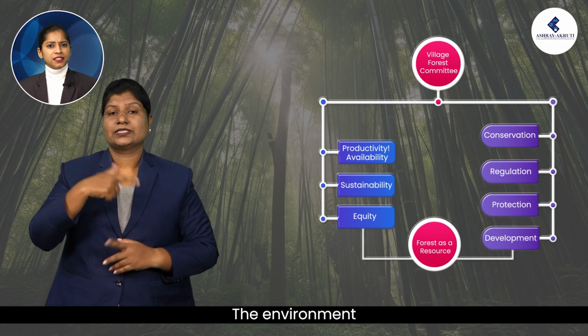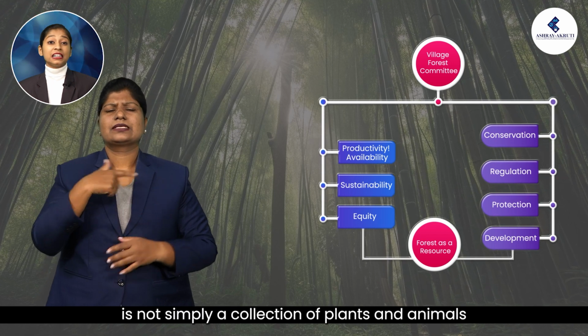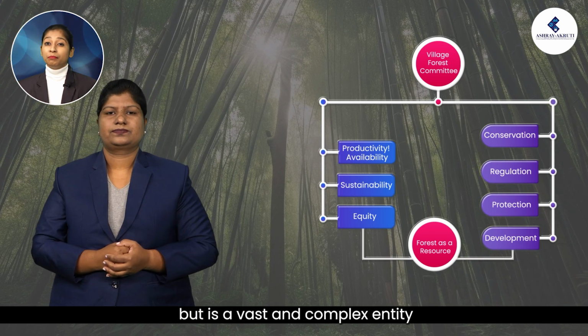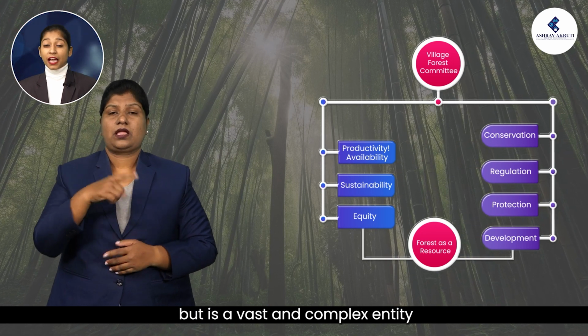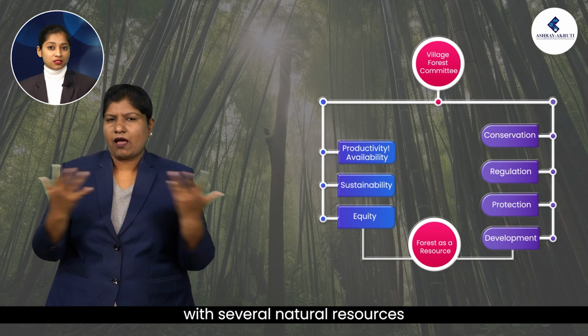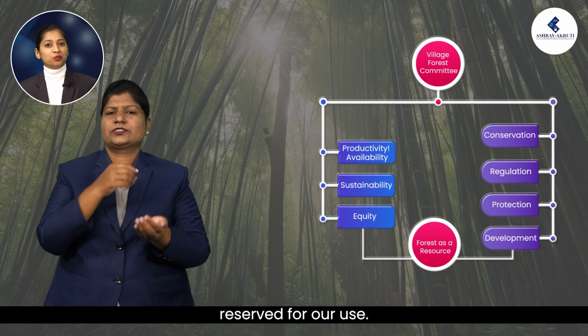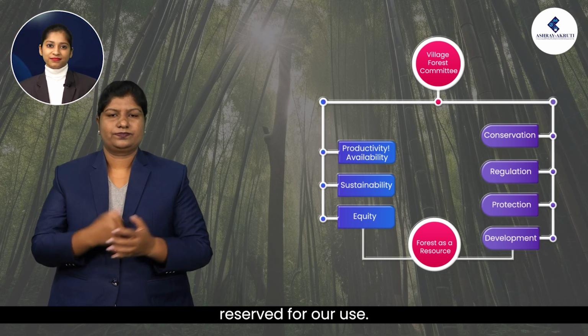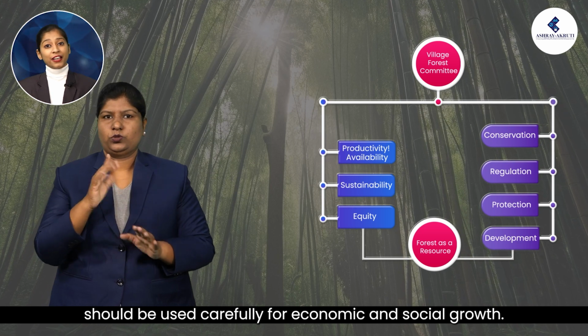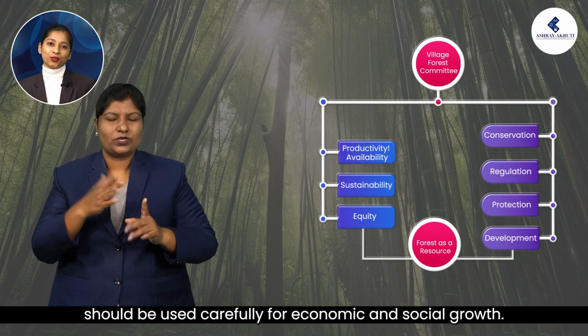The environment is not simply a collection of plants and animals, but is a vast and complex entity with several natural resources reserved for our use. These resources should be used carefully for economic and social growth.